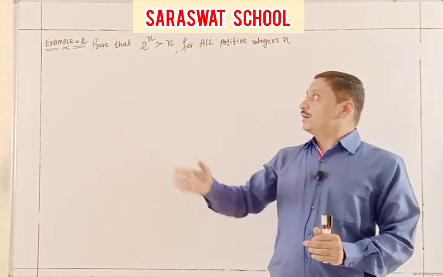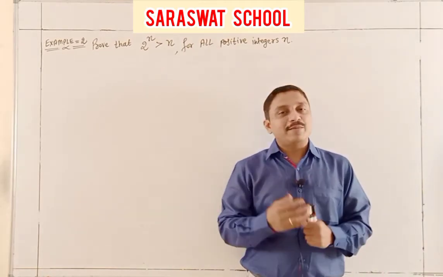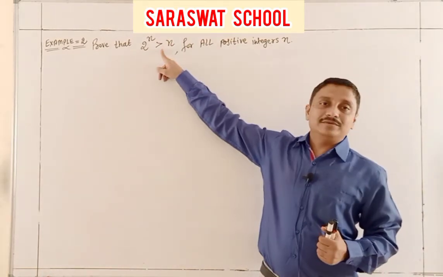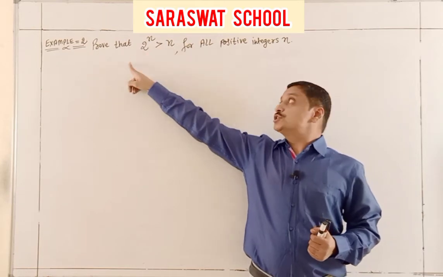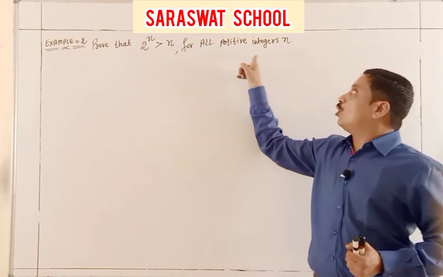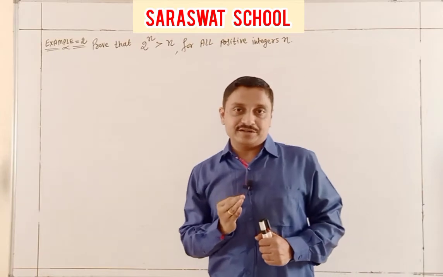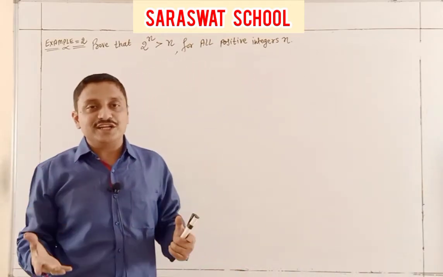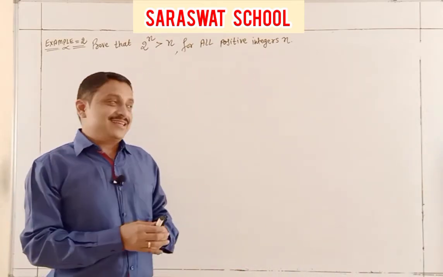Now students, example 2. Same pattern, an inequality is given. Prove that 2 raised to n is greater than n for all positive integers. You know students, positive integer means natural number.